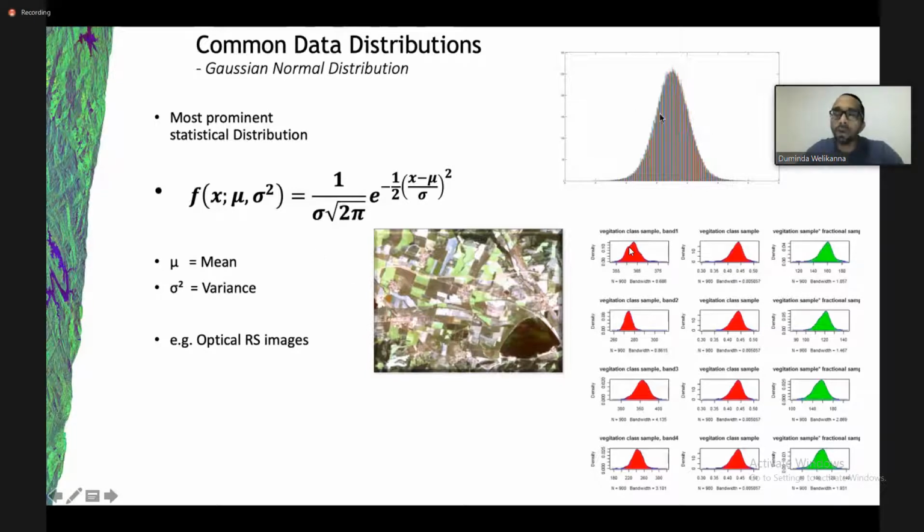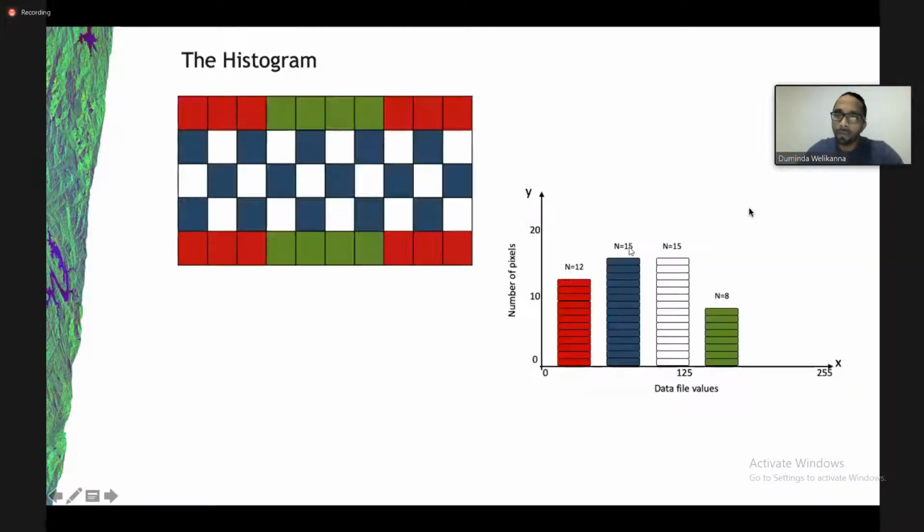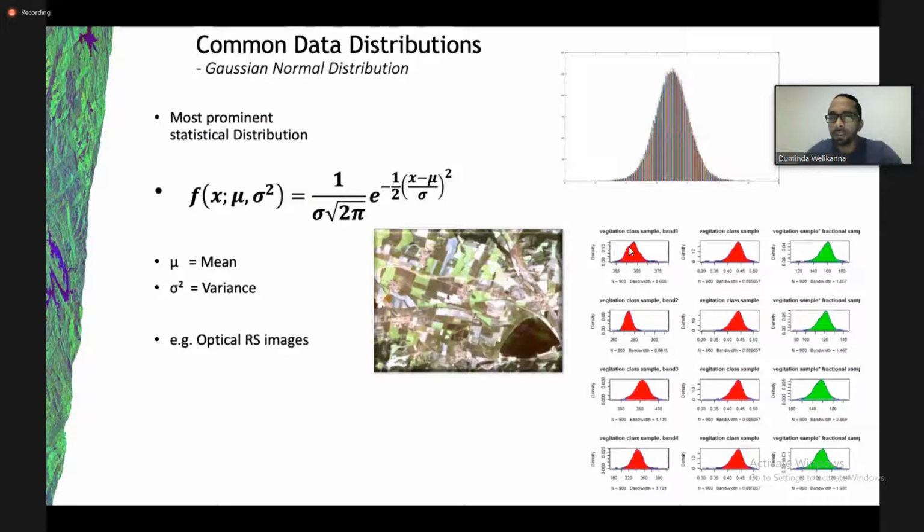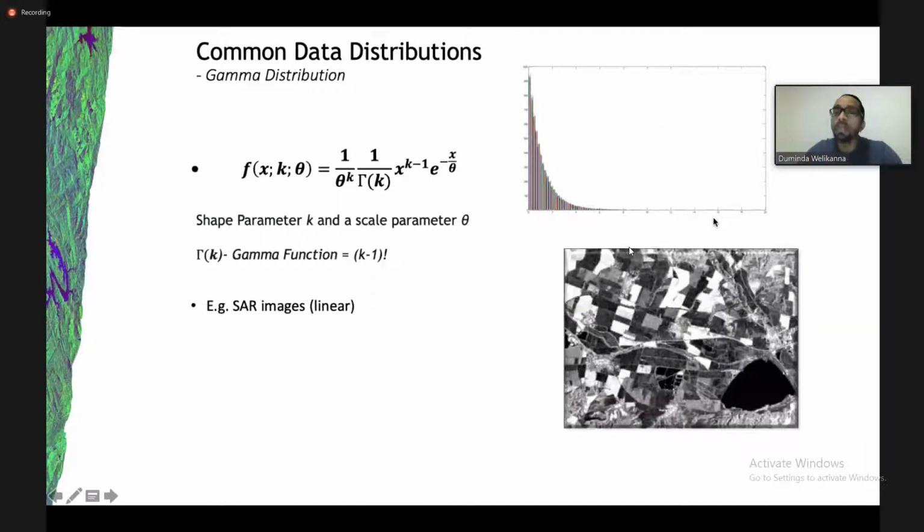So this is the histogram of this image. And because it's a continuous distribution, we can call it Gaussian normal distribution. But if it was a discrete distribution like this, it will be a histogram. So the image histogram is its probability distribution. So it can be Gaussian for optical images and gamma distribution for radar images.